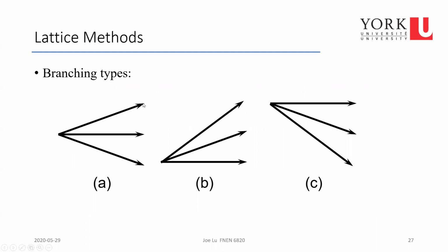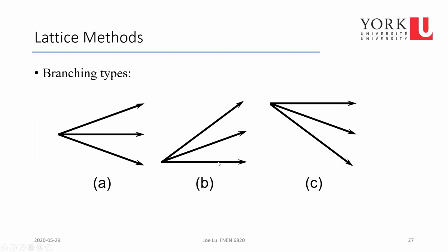One branch goes up by delta R, and the other goes down by one delta R. They're symmetric: this is unchanged, this is one up, this is one down. In branching B, you don't have a branch down.